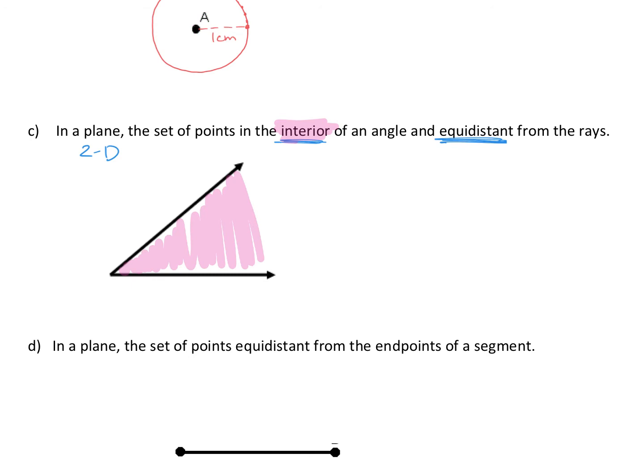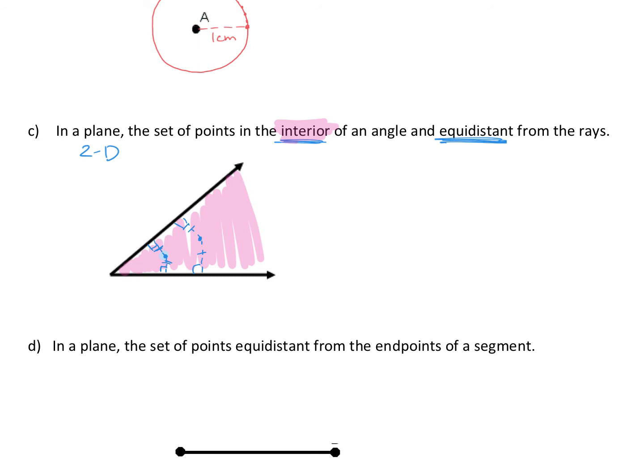Right. If I want to be equidistant, say this point right here is the same distance to this one as it is to that one, right? Same thing here. Same distance to this one as it is to that one. So those are the same.